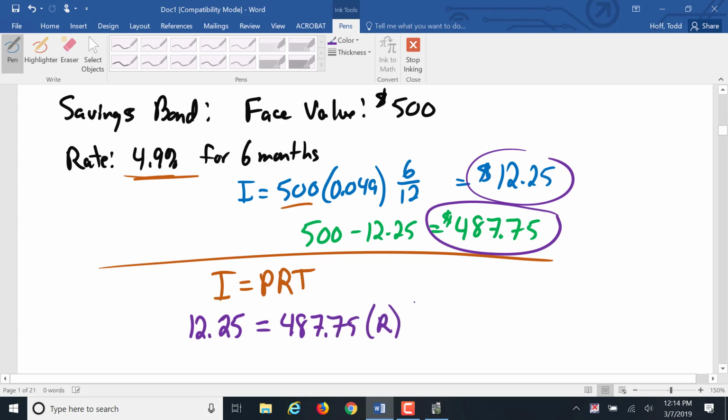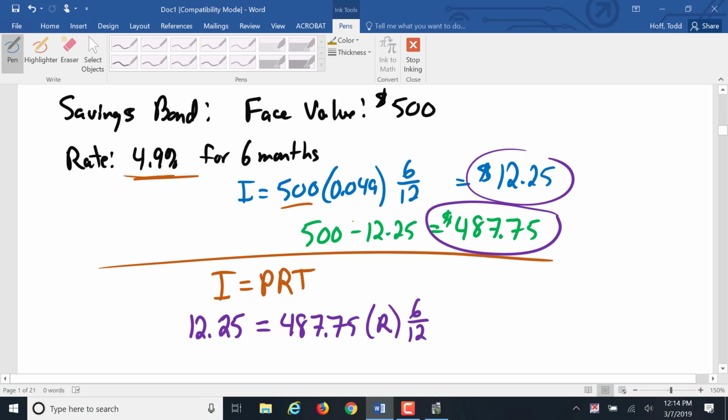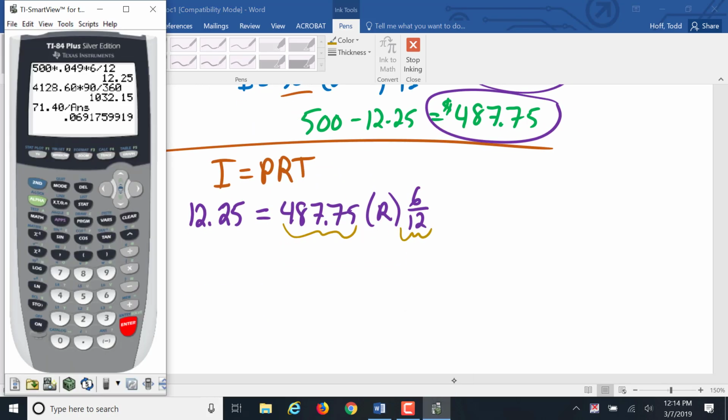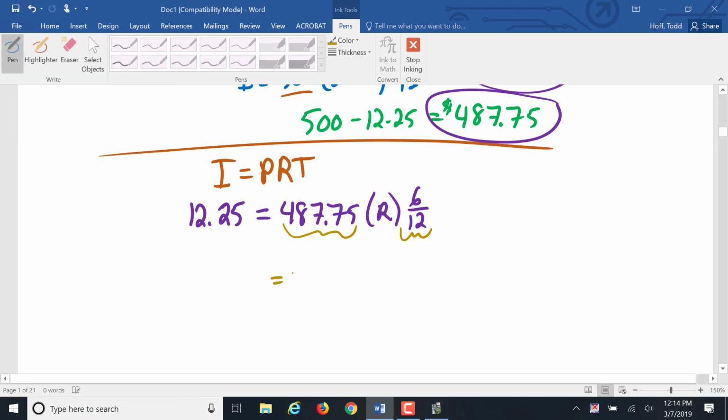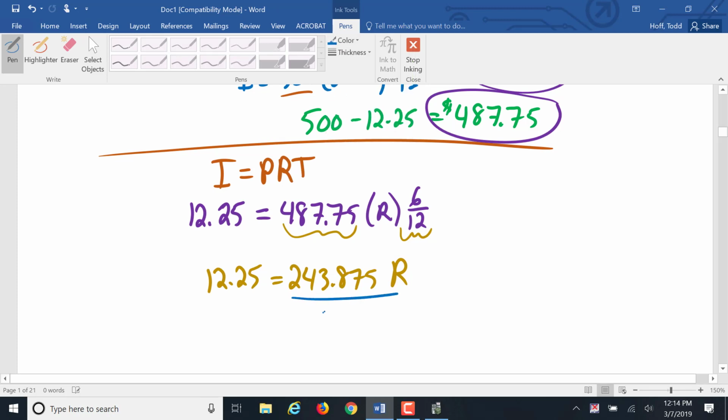We are looking for a rate, and our time will still be 6/12. So once again, we have to combine that proceeds with our time factor, giving us 243.875 times R. And we're going to divide to solve for R.